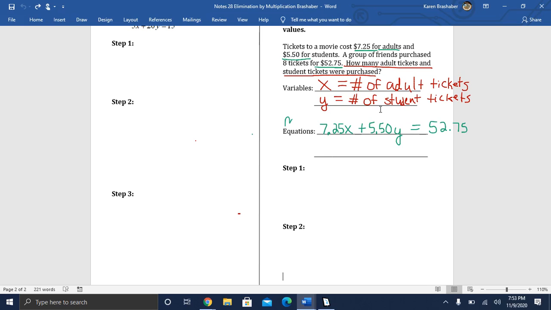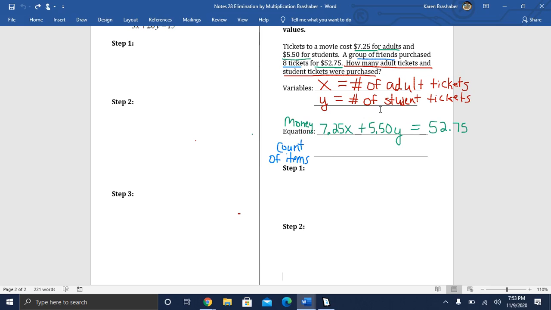So again, you have this equation that has all the money in it. And then you'll have a second equation that is usually about a count of items. As we look at that, it says that this group of friends bought 8 tickets.